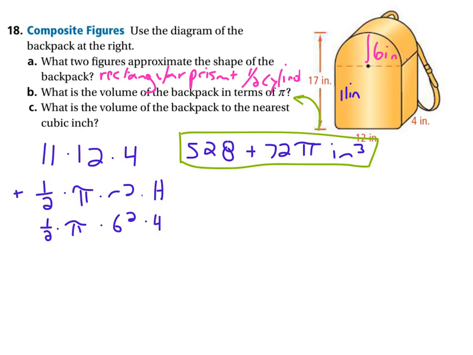Since the rectangular prism doesn't involve pi, it's really circles that involve pi. You're going to get these two parts, 528 from the one part and 72 pi from the other. And I'm going to leave it to you to calculate what's 72 times pi and then add 528 to it. That should be the correct answer in the back of the book.